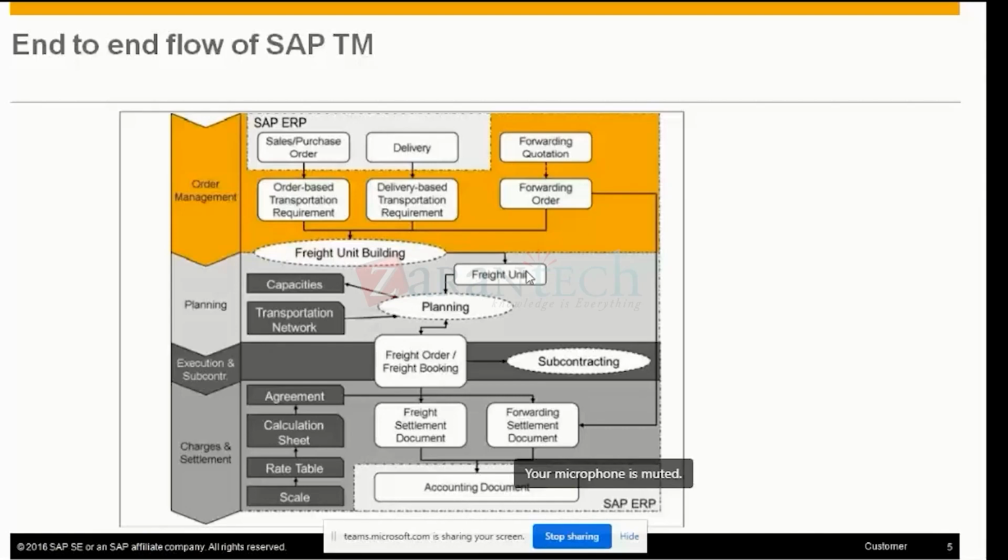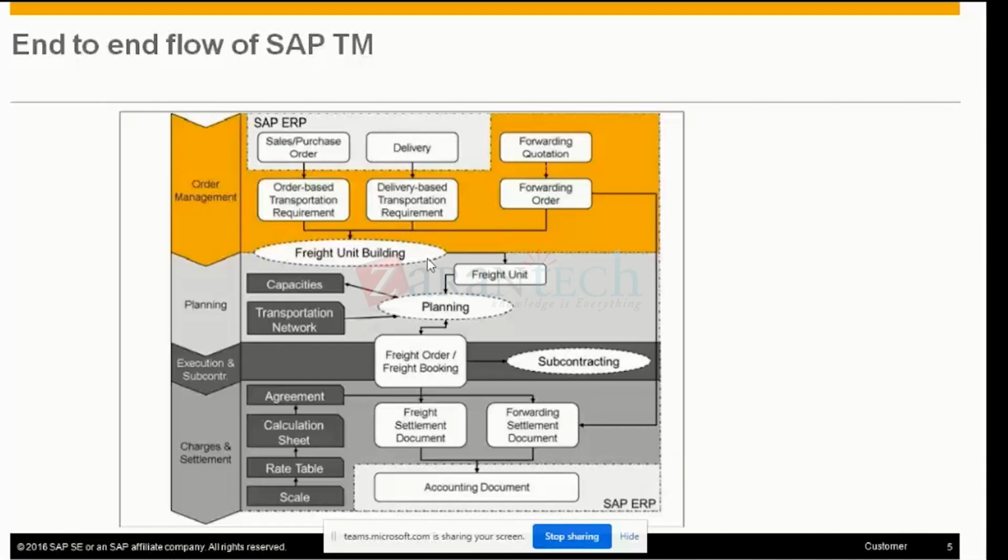Now whether you want to create a single freight unit or whether you want to create 10 different freight units per delivery document, that is entirely defined and set up by the freight unit building rule. So this freight unit building rule is very important because the entire build up of your freight unit is controlled by the freight unit building rule. And this freight unit building rule you can always see in the freight unit.